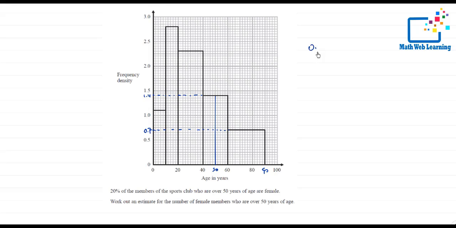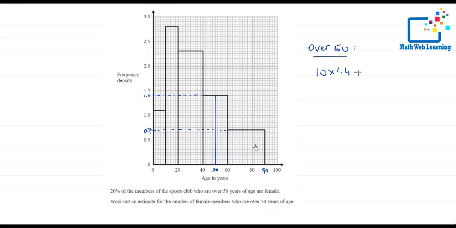So let's do that. Over 50, that is both genders. Over 50, I meant to write. So we need to do 10, because the width is 10, times the height of the bar, which is 1.4. That's the frequency density.